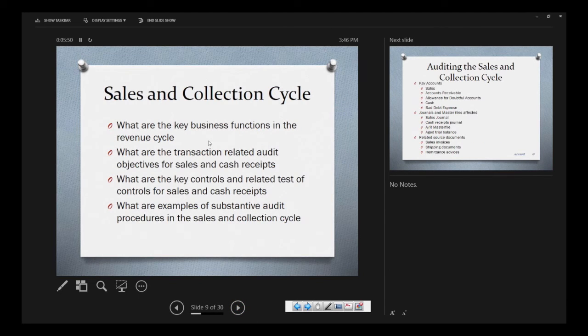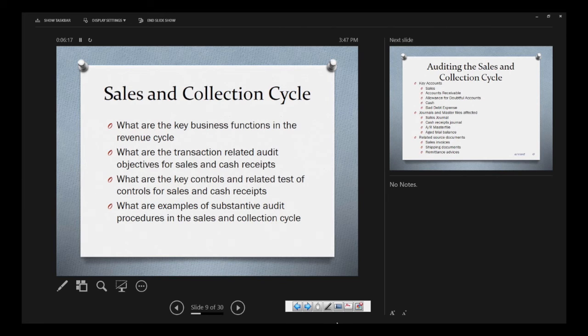The sales and collection cycle, chapter 7. You should know what the key business functions are, what the transaction-related audit objectives are for sales and cash receipts. Again, that's the auditor's response to the assertions that clients are making, what the key controls look like, and what kind of testing of those controls auditors will perform, and then substantive audit procedures.